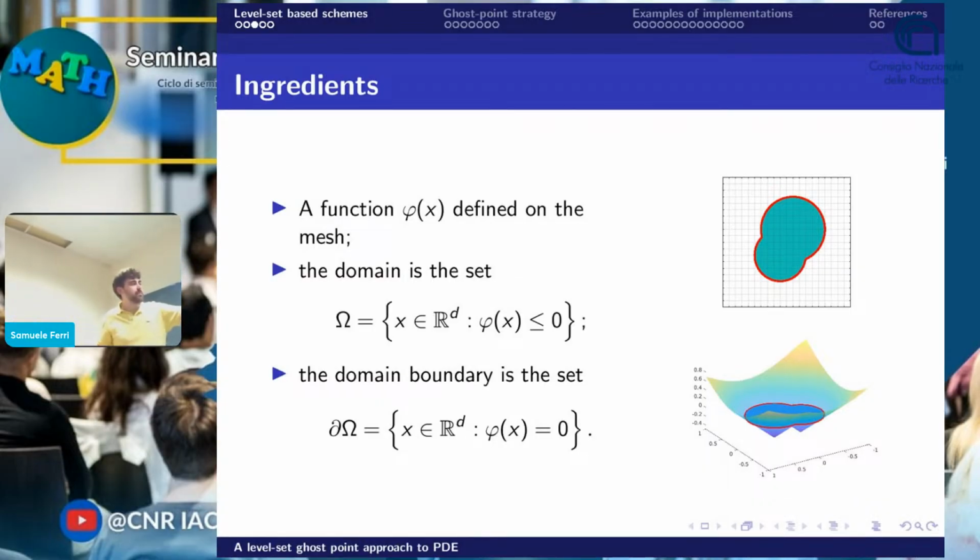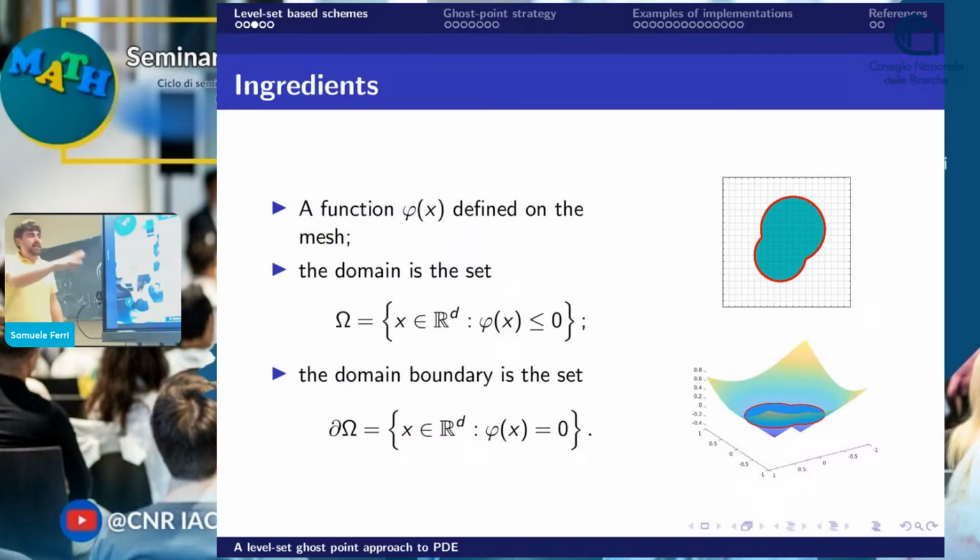We use a function called the level set, the phi function, and we say that the internal part is the region of the space where the value of phi at that point is lower than or equal to 0. In this framework, the external part is the region where phi is positive, and the boundary is where phi is equal to 0.